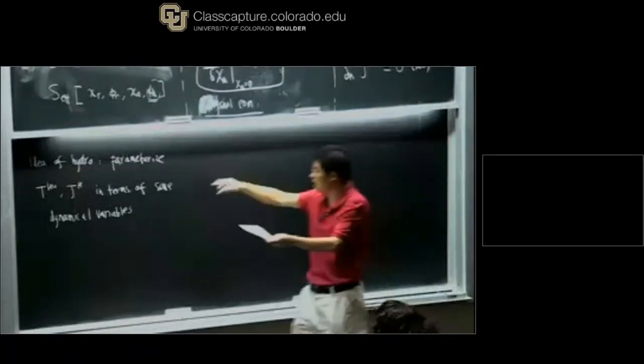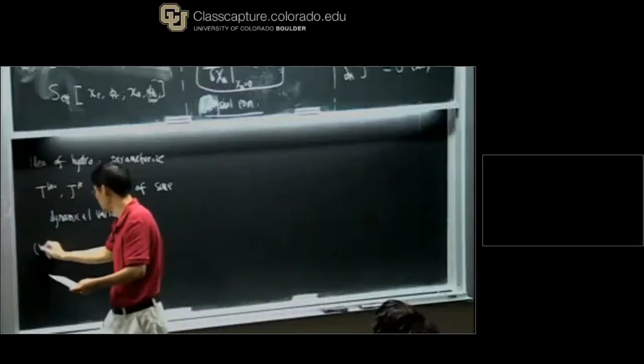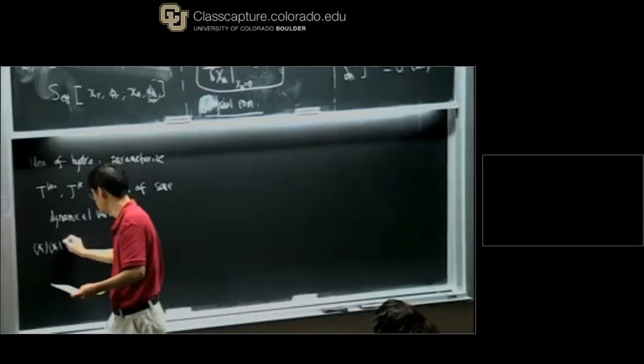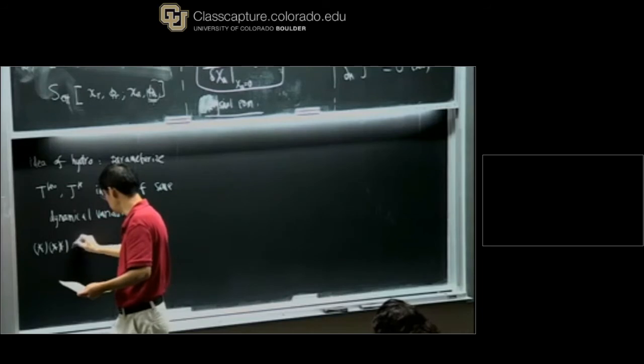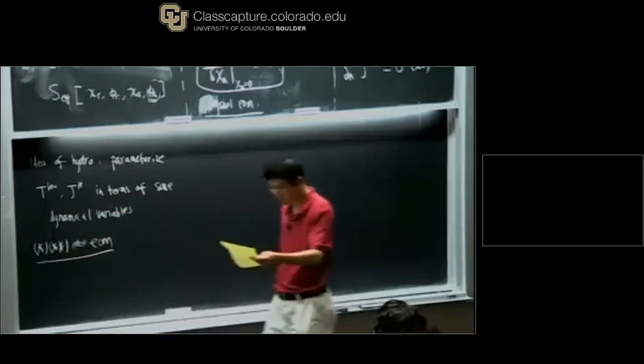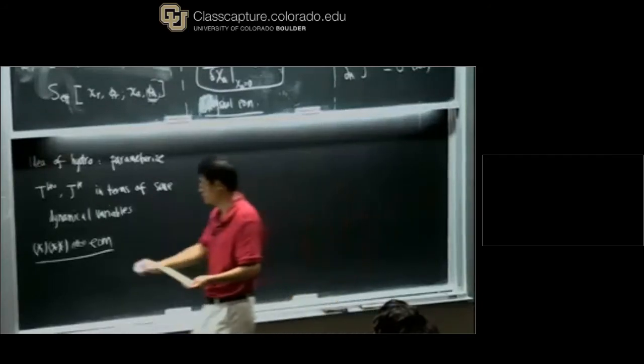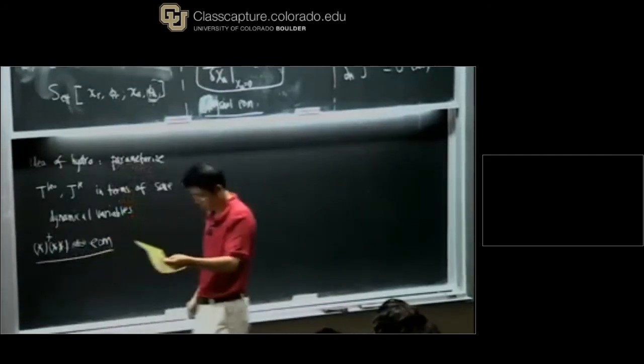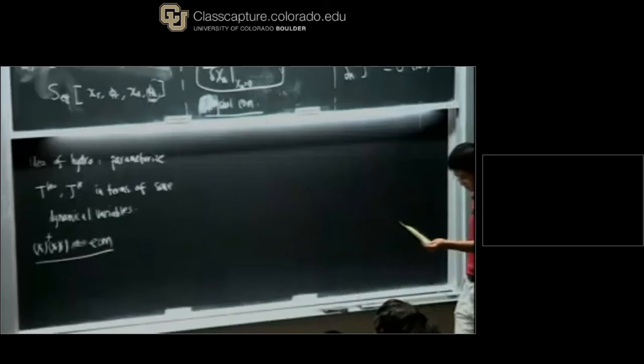If you can do that, then the equation of motion is just your conservation equation, ∂_μ T^{μν} = 0 and ∂_μ J^μ = 0.